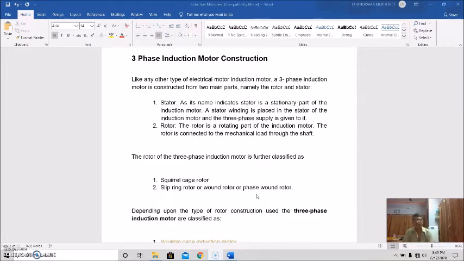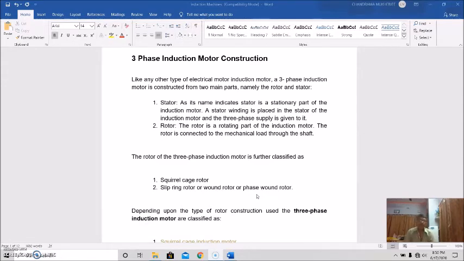The rotor is the rotating part, and it is connected to the mechanical load through the shaft. The rotor of a three-phase induction motor is again classified as squirrel cage rotor and slip ring rotor, or wound rotor, or phase wound rotor.